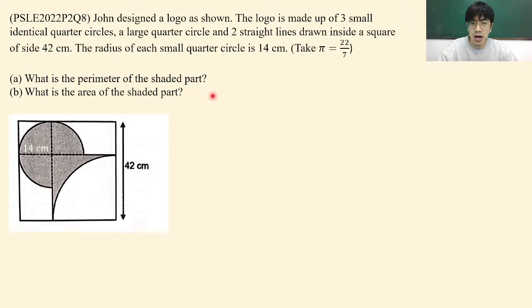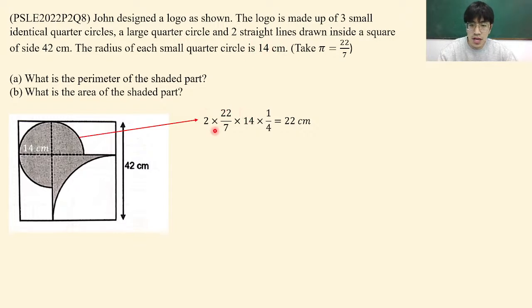What is the perimeter of this shaded part? Let's see. If we take this part as an example, as stated in the question, this is a quarter circle. Do you remember how to find the perimeter of a quarter circle? The formula for the circumference of a circle is 2 times pi, which we take as 22 over 7, times the radius, which is given by the question.